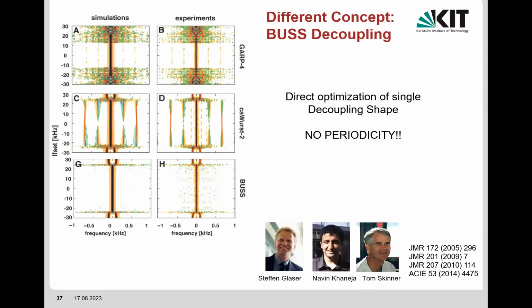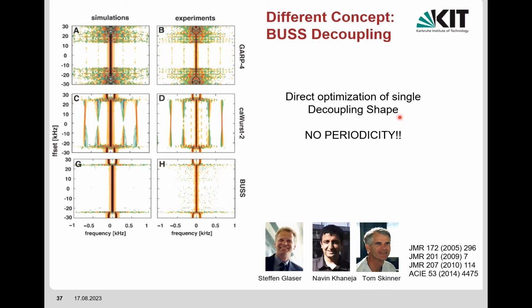Well, I should point out there's now in the 2000s, so it started 2005 and the Bus sequence was published only in 2014, where there is a direct optimization of a single decoupling shape. So we do not optimize a 180-degree pulse anymore, but we simply optimize the whole sequence as such with its decoupling properties.